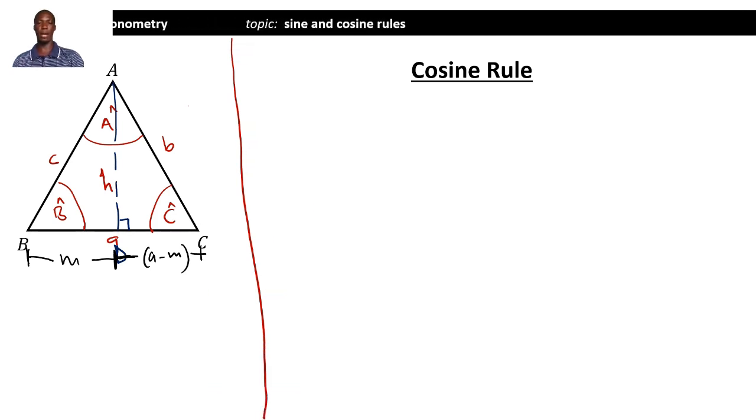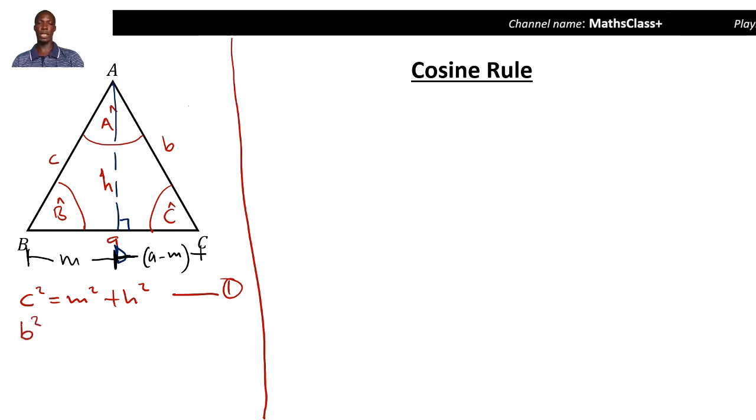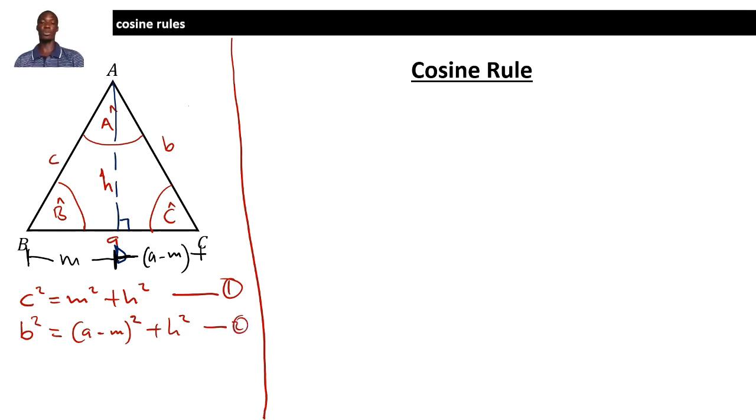Now I'll use the Pythagoras theorem on triangle ABD, and that gives me C squared is equal to M squared plus H squared. I'll label that as equation 1. Then I'll take triangle ACD and also apply the Pythagoras theorem. That gives me B squared is equal to A minus M in brackets squared plus H squared. That becomes my equation 2. Now I will subtract equation 2 from equation 1.